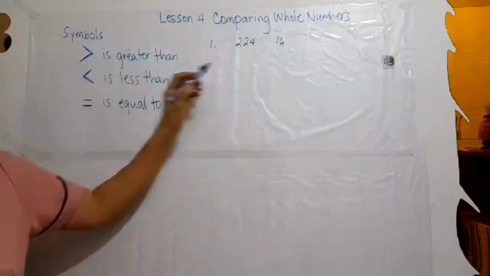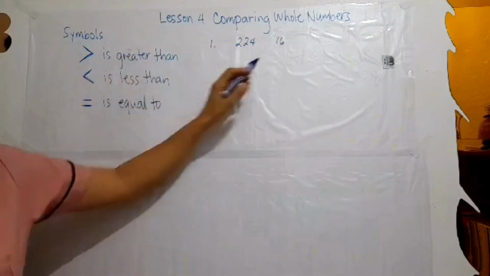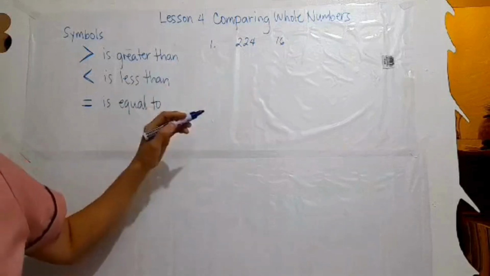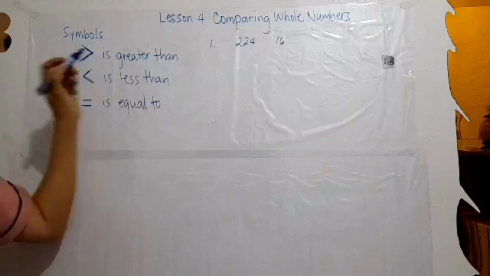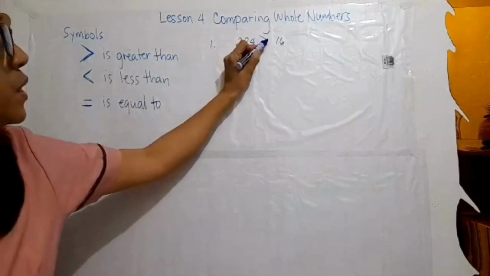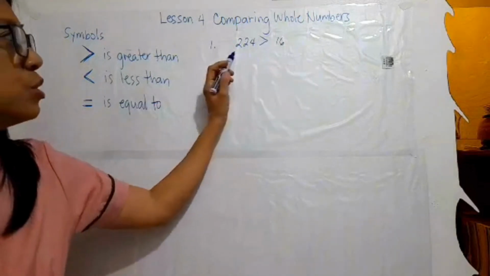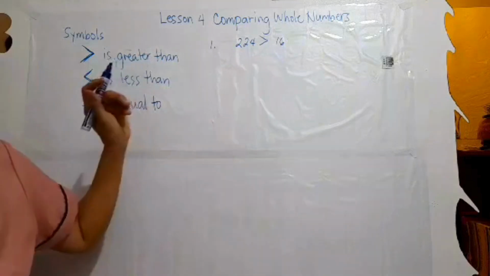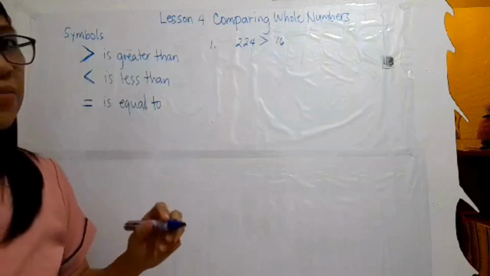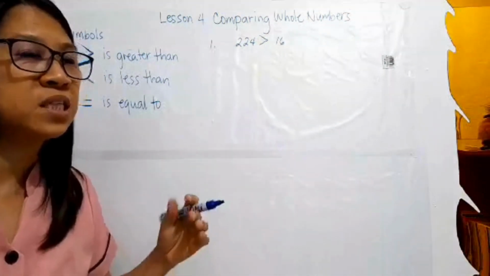So we could say 224 is greater than 16. Therefore, we are going to use the greater than symbol. We are going to affix it here, and we can read this expression as 224 is greater than 16.